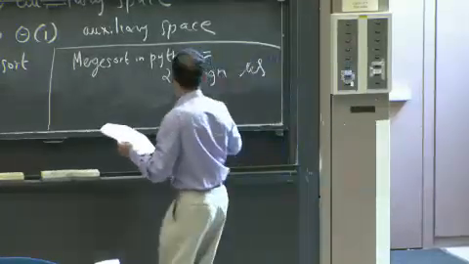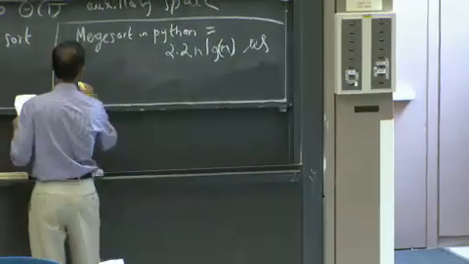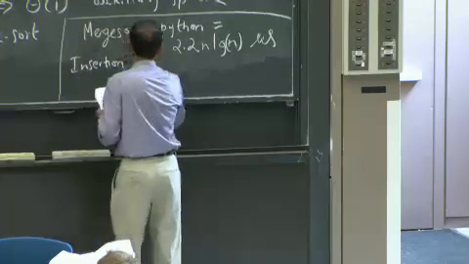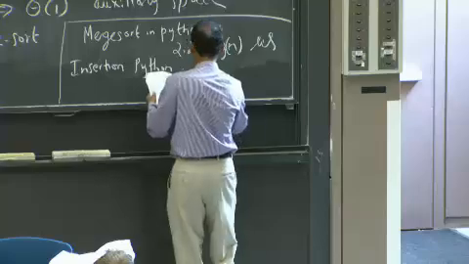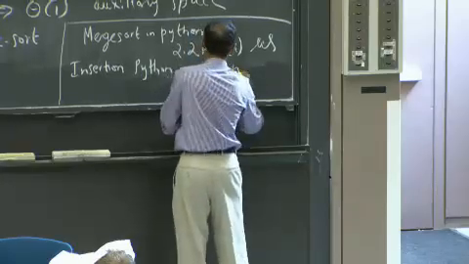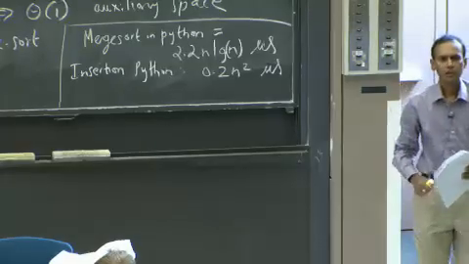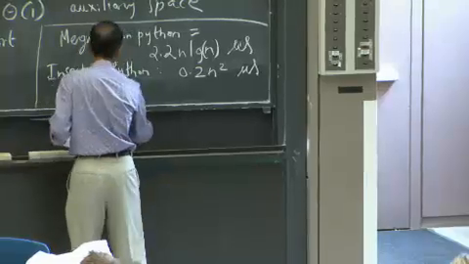So this is the merge sort routine. And if you look at insertion sort in Python, that's something like 0.2 n square microseconds. So you see the constant factors here.